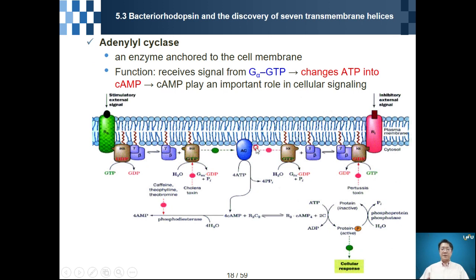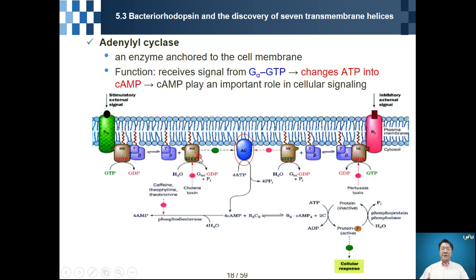So this is the adenyl cyclase. Adenyl cyclase is an enzyme anchored to the cell membrane. Its main function is that it receives the signal from the G alpha GTP, which is in the active status.